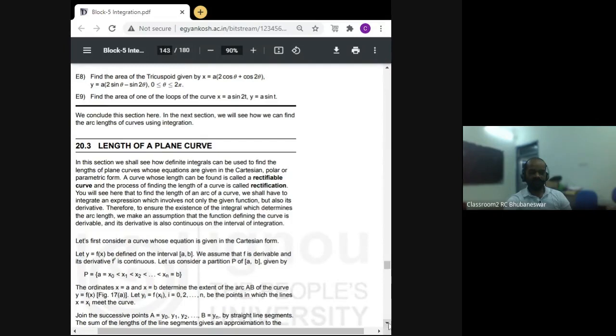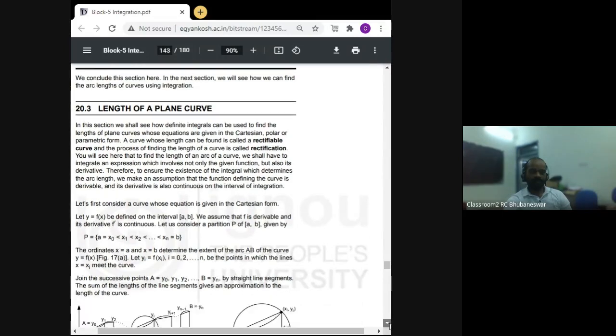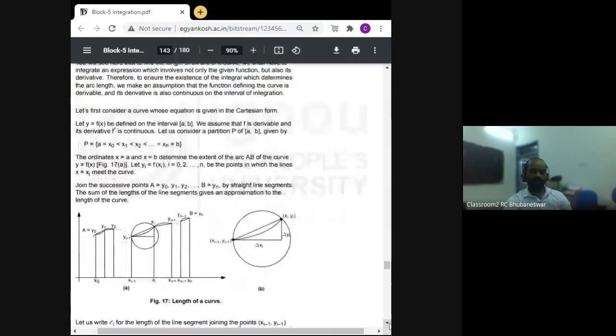For the length of the plane curve, the same conditions are used that were discussed at the beginning of this session. That means we consider a function f that is defined over a closed interval ab, the function is continuous, and its first derivative is also continuous.